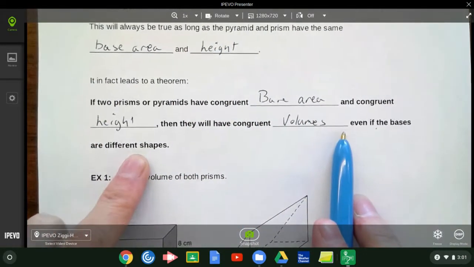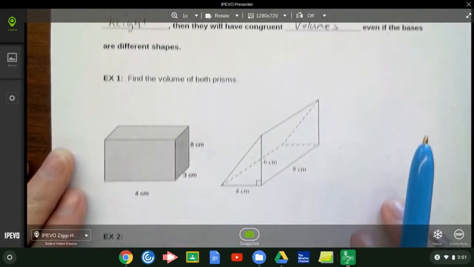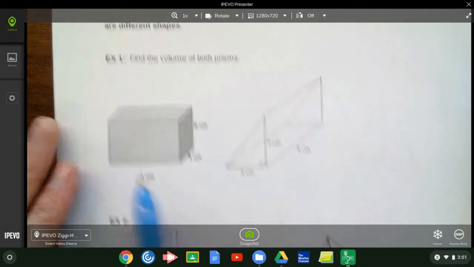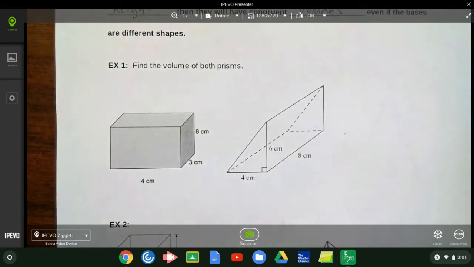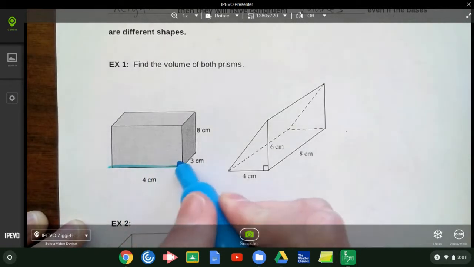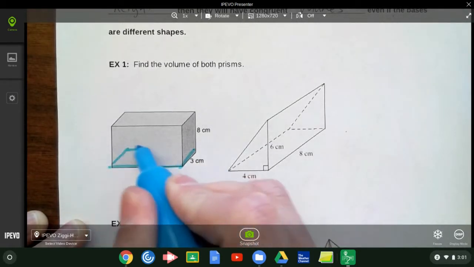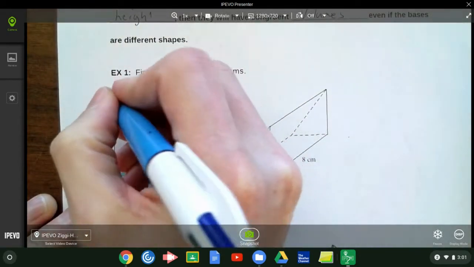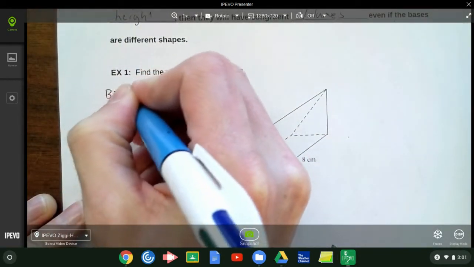Let's take a look at this. Two different shapes. So here I have two completely different shapes. I've got a rectangular prism and a triangular prism. So in my rectangular prism, I'm going to use this piece here as my base. Okay? So that's my base area. And the base area of that is length times width.